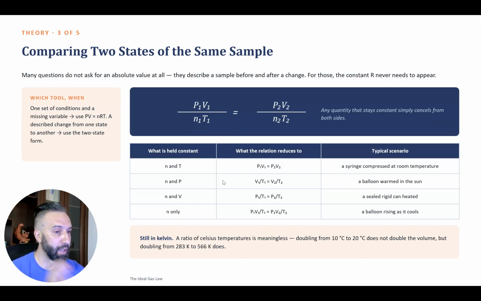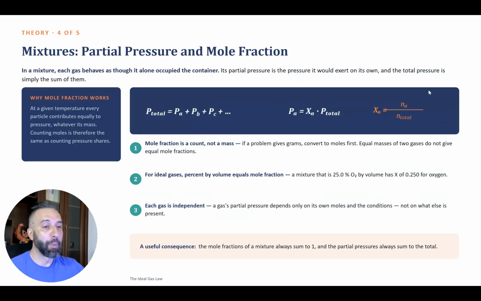A balloon, again, because it's closed up, n is still constant. In a lot of the questions, you will see that n will remain constant. So you will have other examples of this, and you're going to basically have to derive it by yourself, but it's not very difficult.